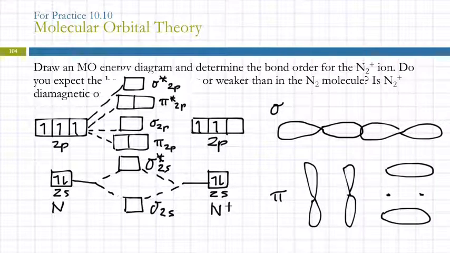Now we're going to take the total electrons that we have. We've got 5 over here and 4. 5 plus 4 is 9. So we're going to fill them in. I'm going to go 1, 2, 3, 4, 5, 6, 7, 8, 9. What's the bond order?